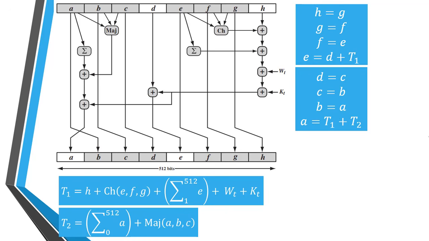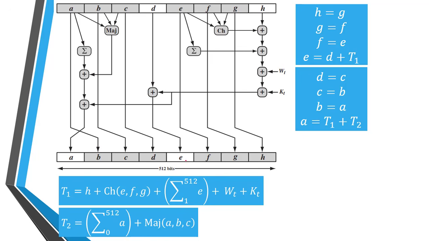First of all, buffer A equals T1 plus T2. Now what are T1 and T2? T1 equals H plus the conditional function applied on EFG plus summation 1 of E (over 512 bits) plus Wt plus Kt, and T2 equals summation 0 applied on A plus the majority function applied on ABC.